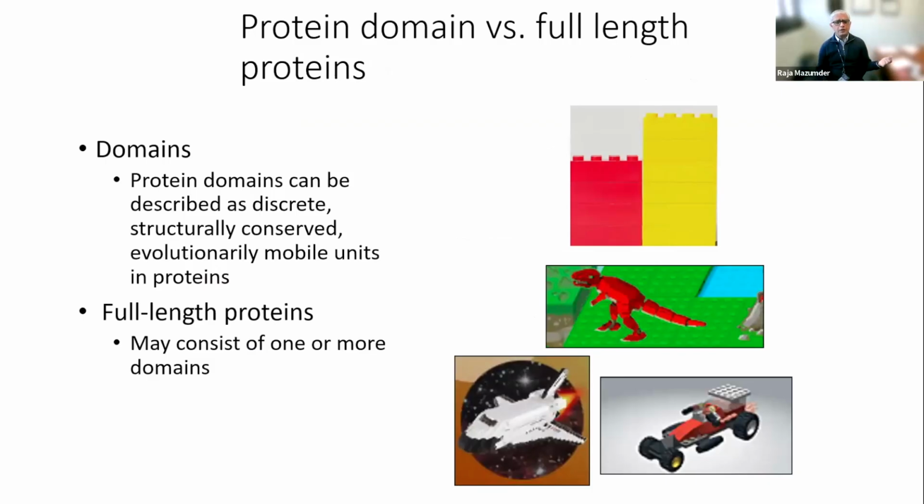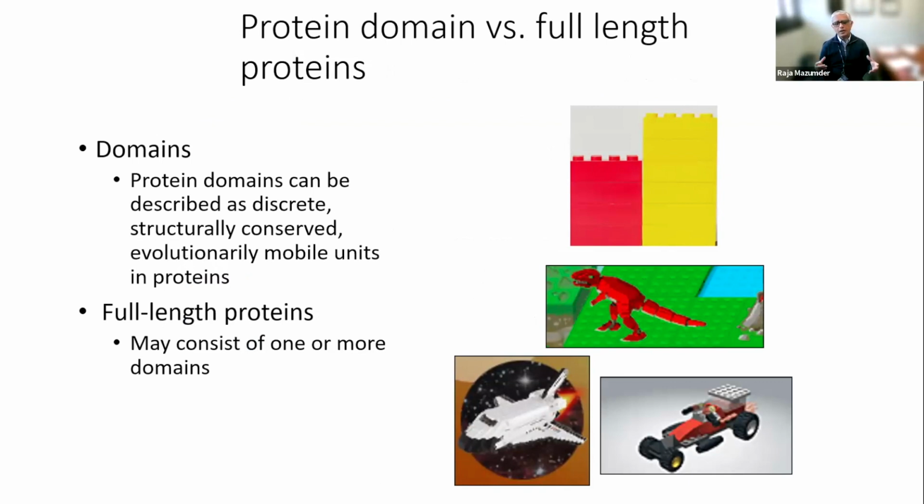But earlier, I mentioned the concept of domains and full-length proteins. So I think of domains as Lego pieces. You can have multiple protein domains, and then you can mix and match, and create a dinosaur or a shuttle or a racing car. So that's what it is.